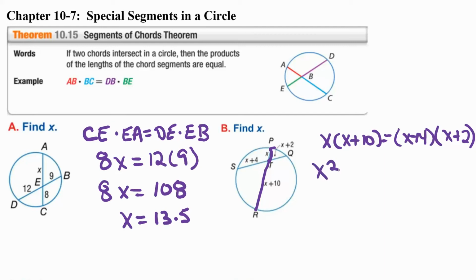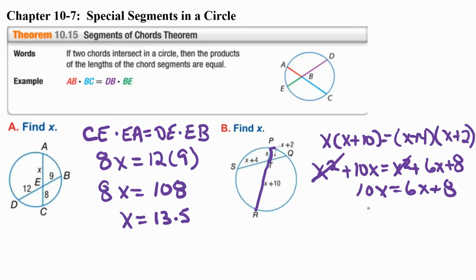Multiplying this out, we would have x squared plus 10x equals x squared plus 6x plus 8. We can subtract x squared from both sides. So we'd have 10x equals 6x plus 8. 4x equals 8, and x would equal 2.